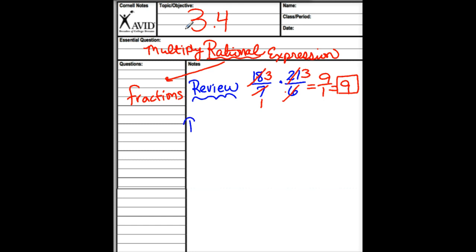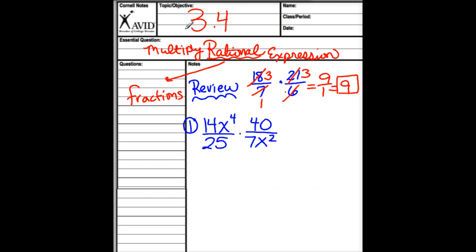So what we're going to do is just a few examples here. We're going to take 14x to the 4th power over 25 times 40 over 7x squared.